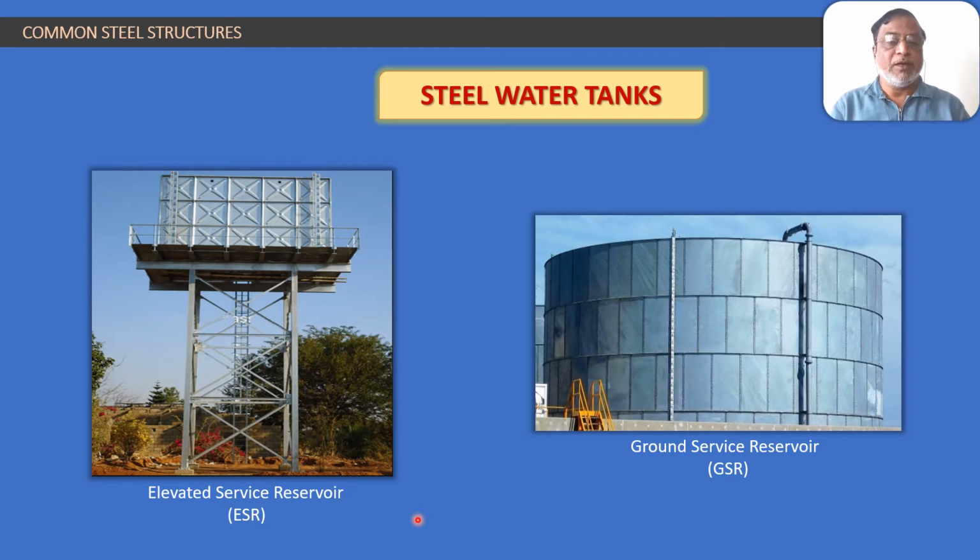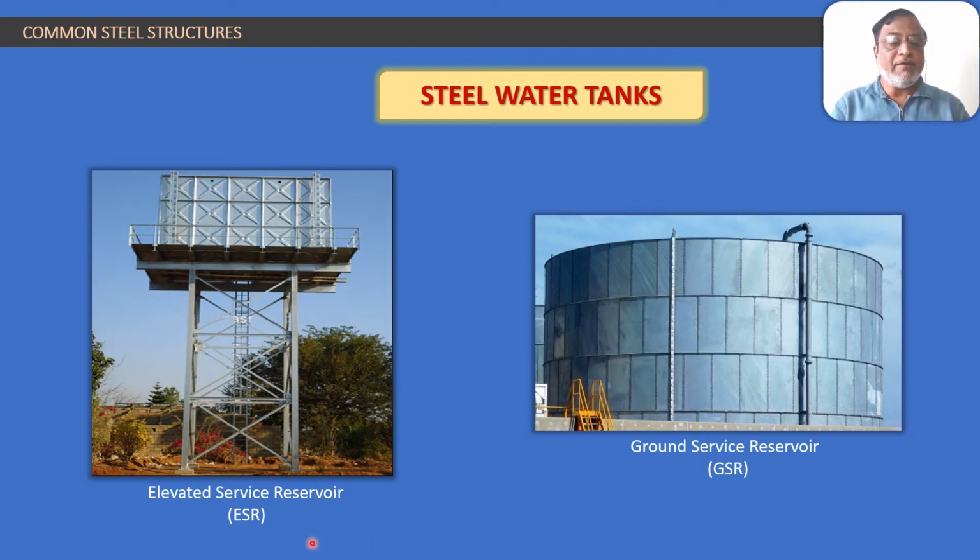That height gives the advantage of making available a pressure head while distributing the water easily. Pumping of water is done from the ground to the water tank, but afterwards the distribution of water can be done by gravity. So energy is saved.